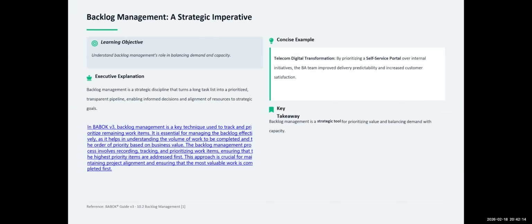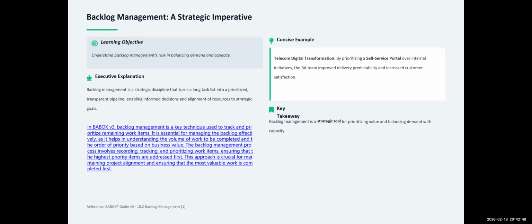Backlog management, in simple English, is managing backlog. So when I ask the question, what exactly is backlog? But let's deal with backlog management first. If you understand the context that I've put up, you understand backlog management as a technique that you can use to track and prioritize work items.